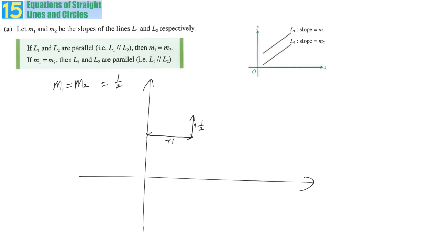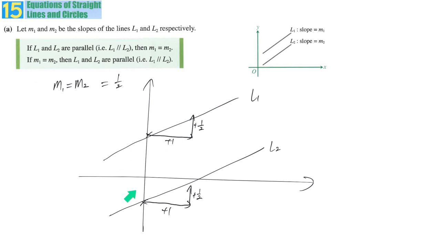That's the meaning of slope. If this is the starting point of L2, for similar reasons, going right by 1 leads to going up by 1/2. That means L1 and L2 are parallel.